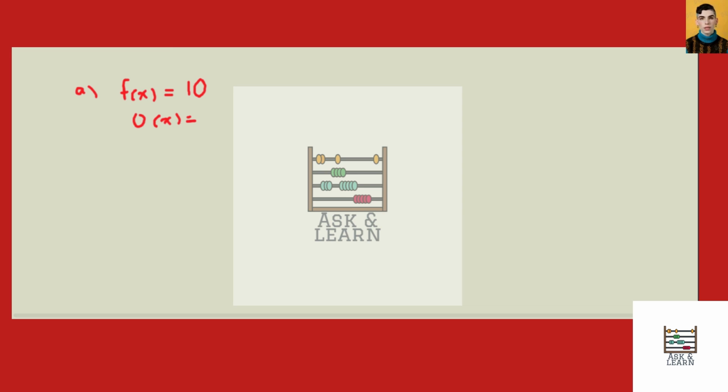So let's see if this function f of x has a growth rate less than this linear growth rate, which would imply that the function is O of x. This is a constant function, and the growth rate of any constant function is 0. The growth rate of this function is some linear term. Therefore, we can tell just based on that this first part A would be O of x.